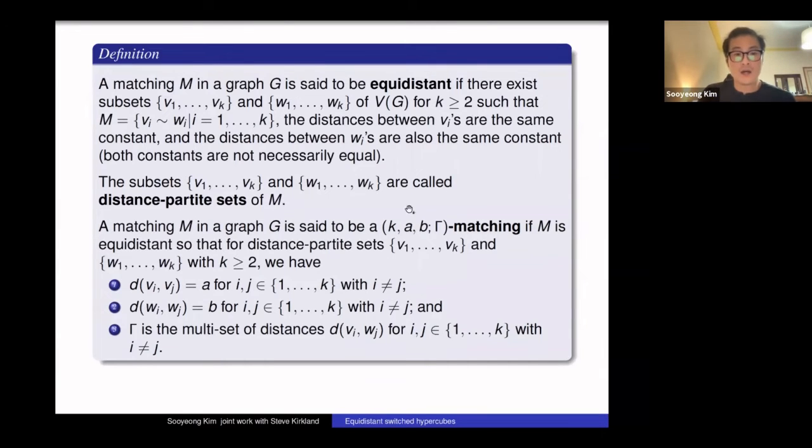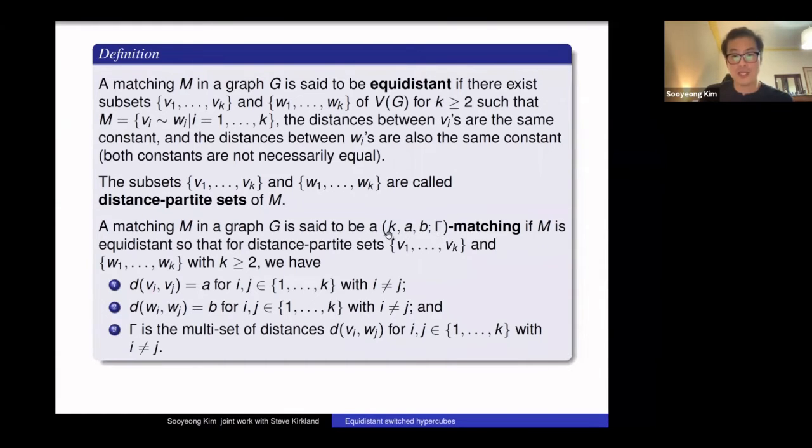Sometimes we want to specify some parameters. When we consider an equidistant matching, we want to specify the number of edges in the matching, and the distances for the distance partite sets. So we use the following parameters: K, A, B, gamma.